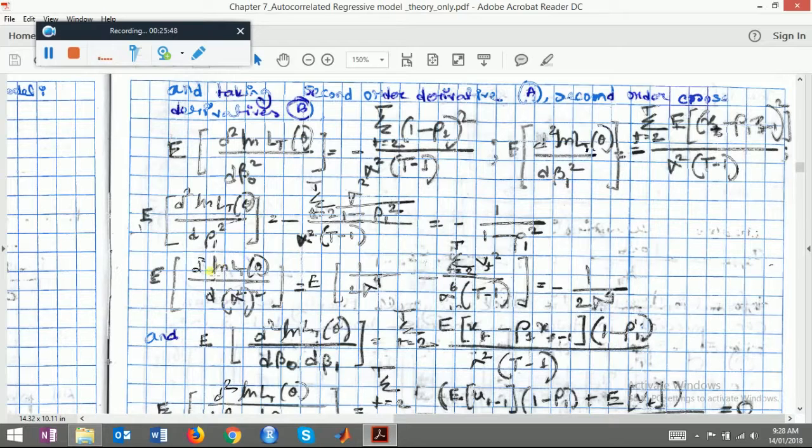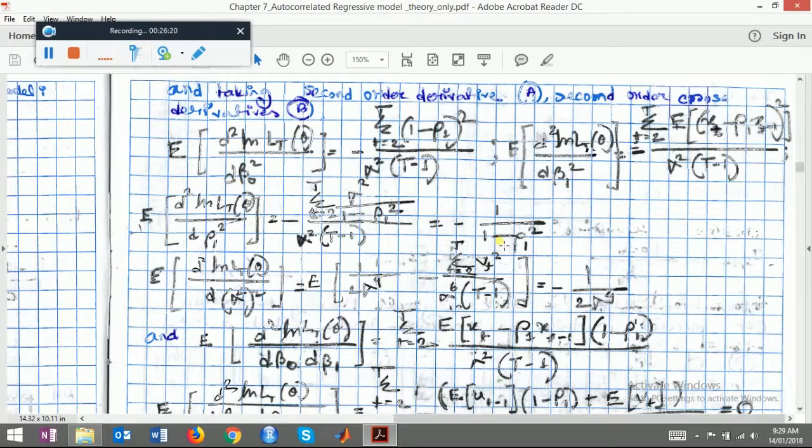Everything else remains the same. We know rho 1 is either ut minus 1 or ut squared. Well, basically ut squared itself, u squared equals sigma squared divided by 1 minus rho 1 squared. So sigma squared, t minus 1, cross it out, and you have 1 divided by 1 minus rho 1 squared.